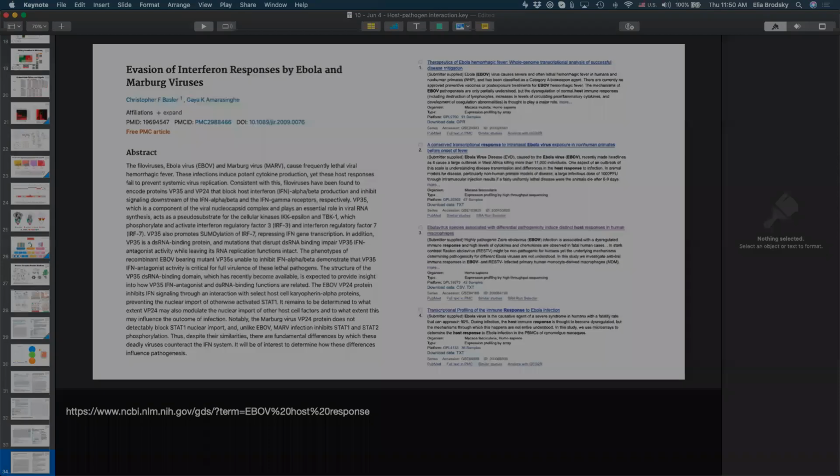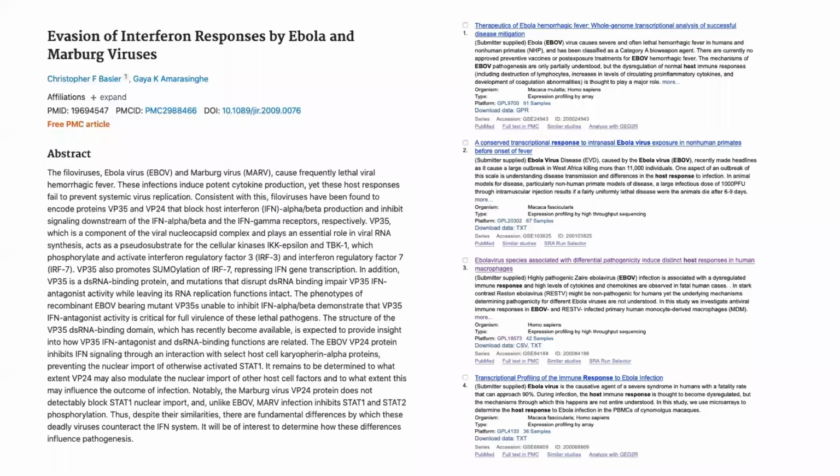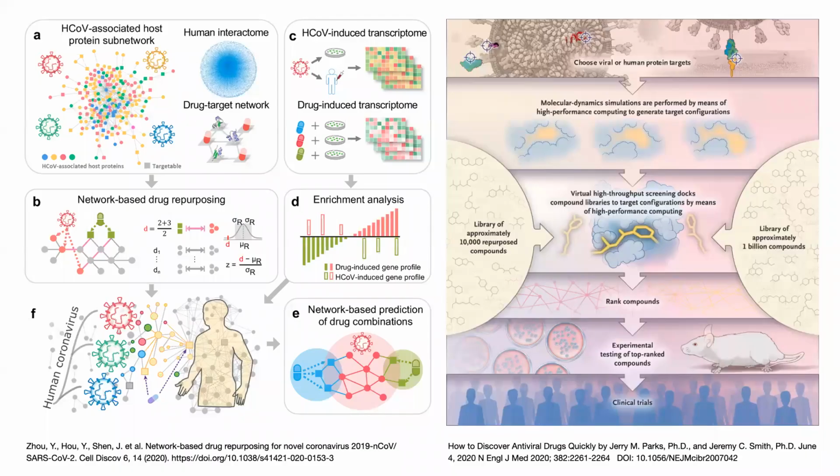Okay, so to summarize, high throughput profiling of protein function and host response is making a lot of advances for high throughput screening of different compounds, repurposing of different drugs, and really understanding how these proteins and how these viruses cause infection.